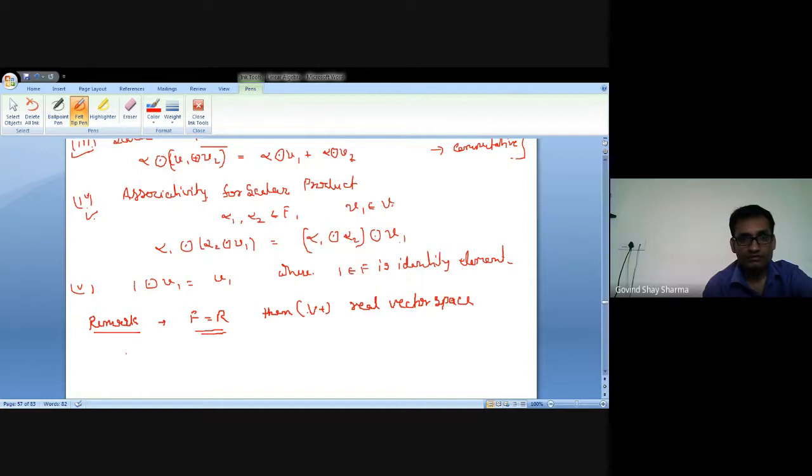If F is equal to Q, then it is a rational vector space. Third, if F is equal to C, then it is a complex vector space.